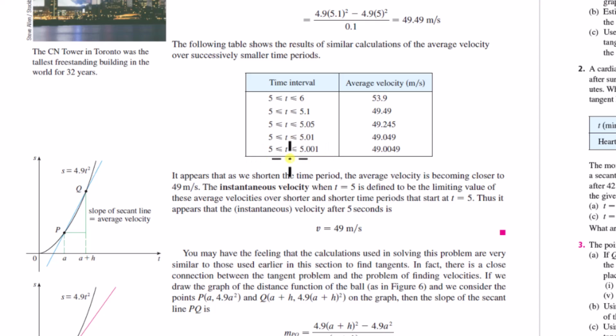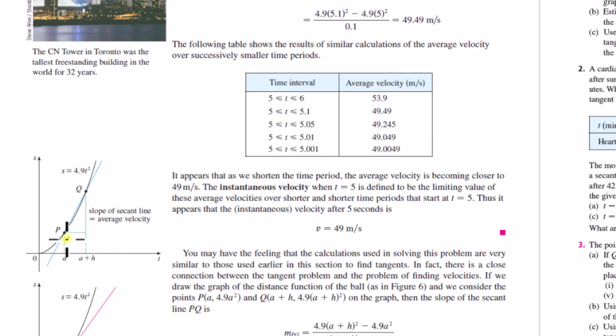But what are they doing here? This is exactly what we just did in regards to the tangent problem. You could take this position function, s equals 4.9 t squared, and plot it, s versus t.